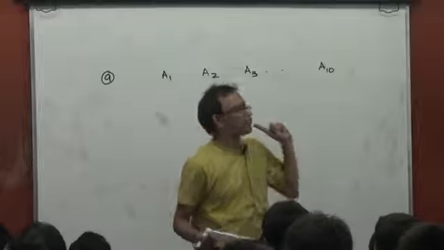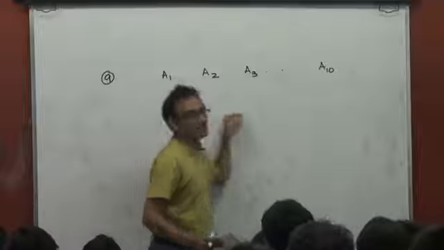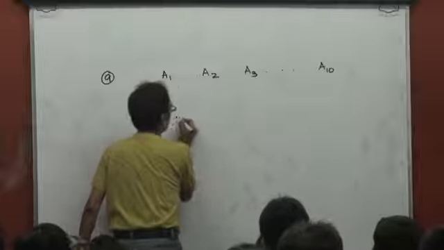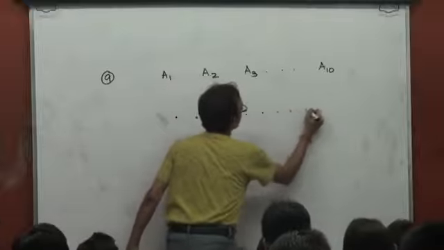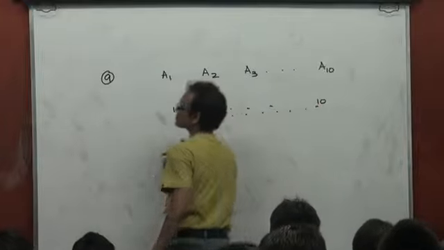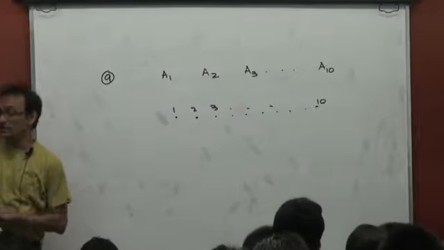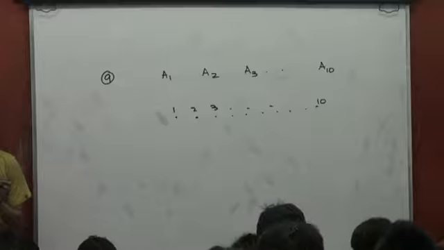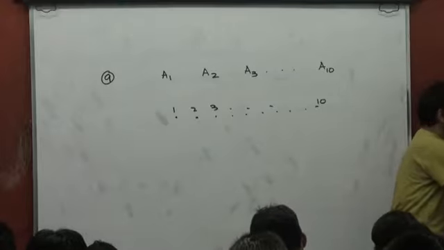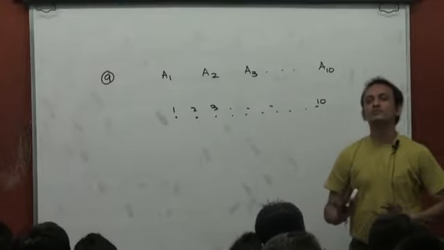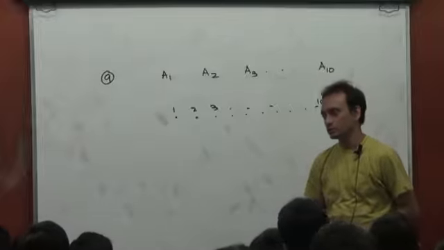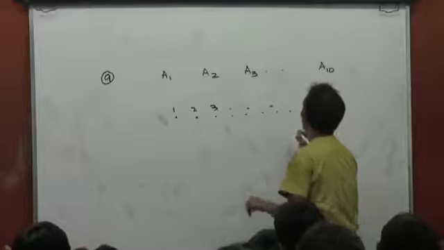I want to rank A1, A2, A3, that means arrange them in n slots, 10 slots in this case, such that A1 is above A2. First of all, in an unrestricted manner, in how many ways can I arrange these 10 people in 10 slots? 10 factorial ways.